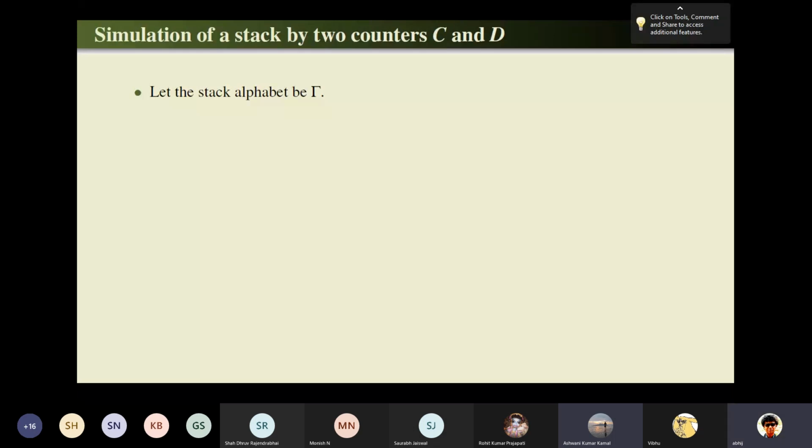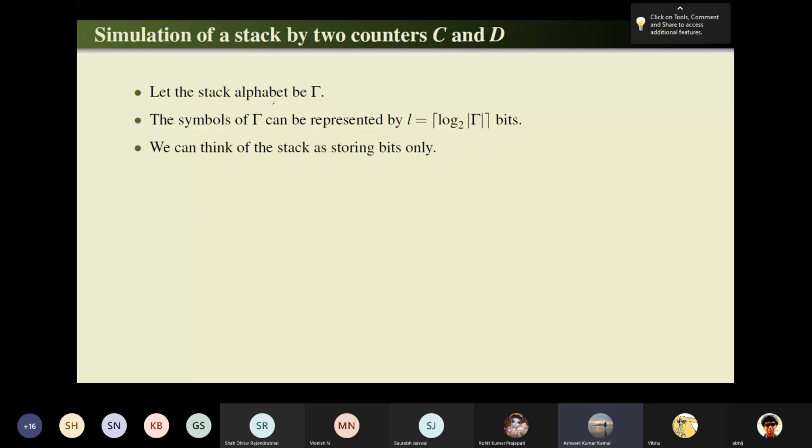In particular, if the size of gamma is g, then the ceiling of log g bits suffice for representing all the symbols in the range 0 to g minus 1. Let us call that number L. These many bits are sufficient for storing the symbols of gamma. Straightforward.